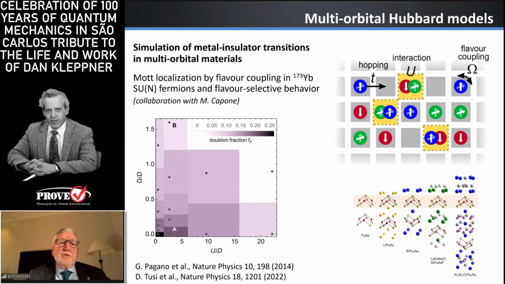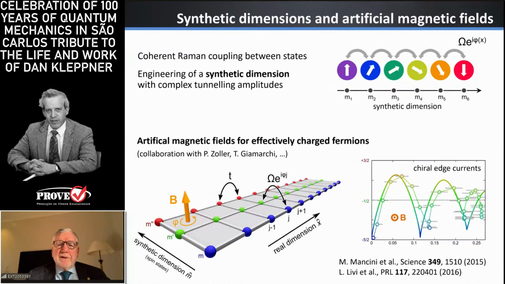This allows you to mimic a little bit of high energy physics, because you can now simulate high symmetries in nature, or create artificial magnetic fields and even add an artificial dimension, this tunneling between the spins, which has to be added to the real tunneling in the optical lattices.